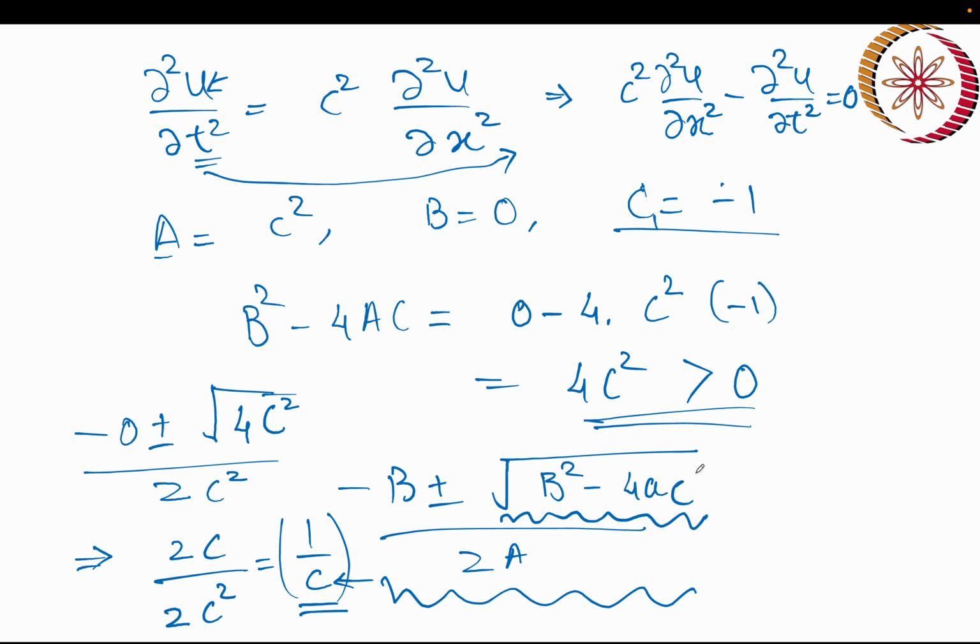If the term inside the square root is positive, it will have two roots, and two roots means the flow of information, or whatever variable we are considering, will happen in two directions. And if this term is imaginary, it doesn't correspond to propagation. If it is real, it corresponds to propagation, but if it is imaginary, there is no proper direction of propagation, and that's what is called elliptic.